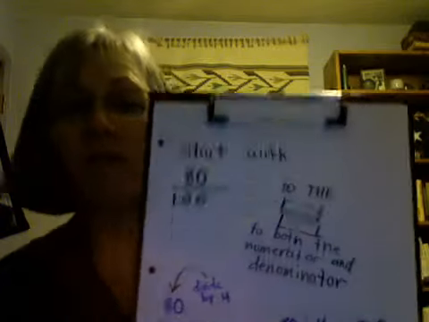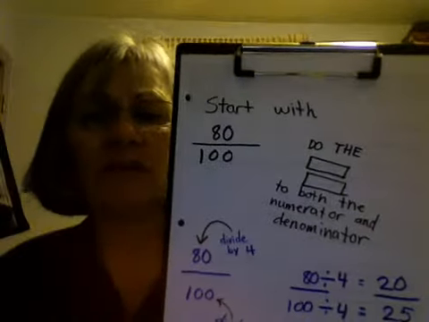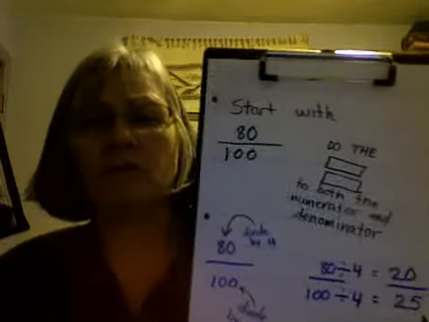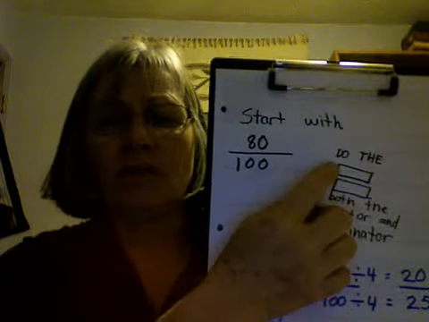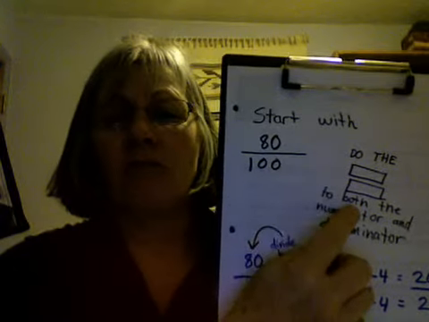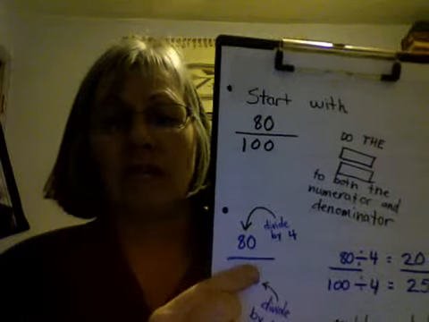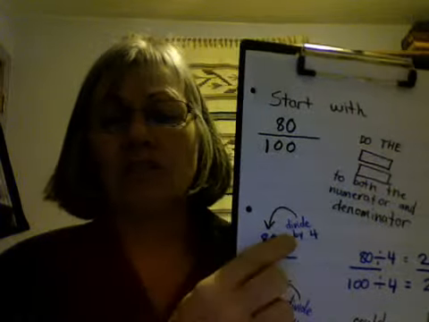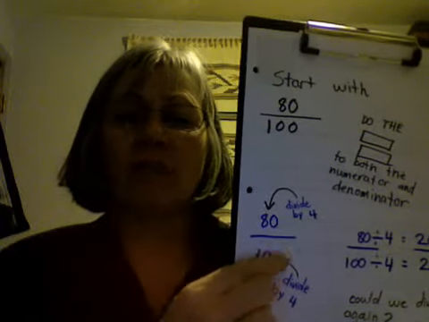Let's start with 80/100. That's a crazy fraction that would be very difficult to do with the paper model. Here's a reminder, you must do the same thing to both the numerator and the denominator. Let's just choose anything that we know is going to work the same way on both.